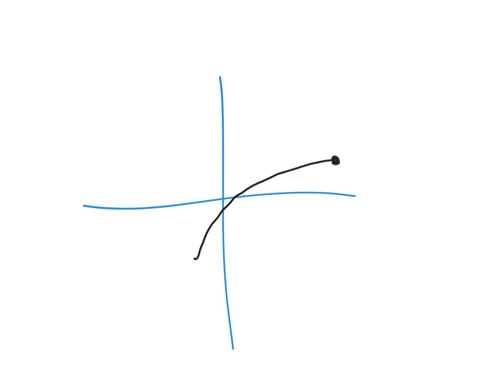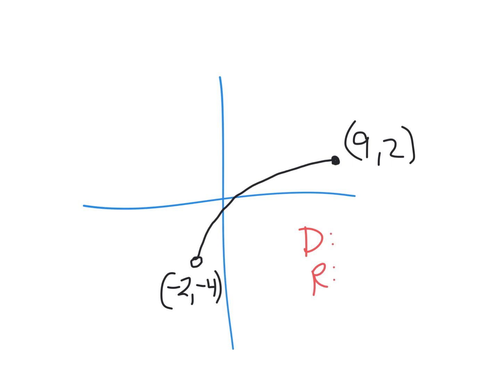That's going to be a filled in dot at 9, 2. And this is going to be an empty spot at -2, -4. Now, let's see who can conquer the domain and range for this function, being careful with how you write it.